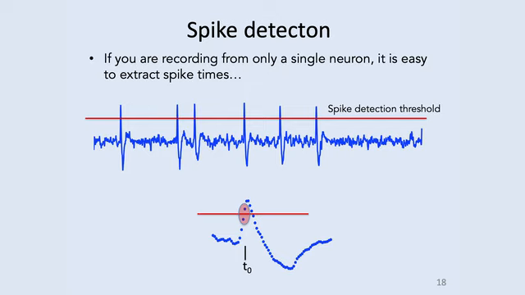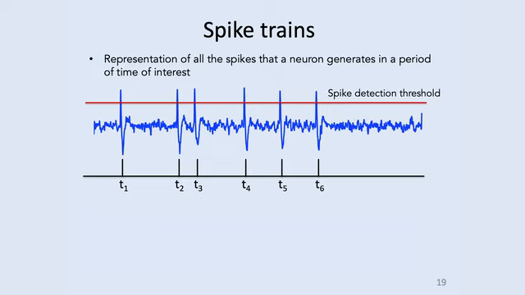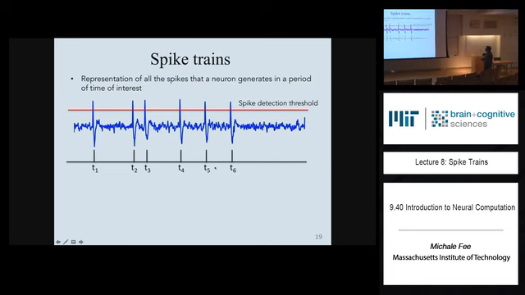Now what we can do is, once we detect the time at which that threshold crossing occurred, we can write down that threshold crossing time for each spike in our waveform. The spike here, we write down that time, that's T1. If you have another threshold crossing here, you write that time down, T2, and you collect all of these spike times into an array.